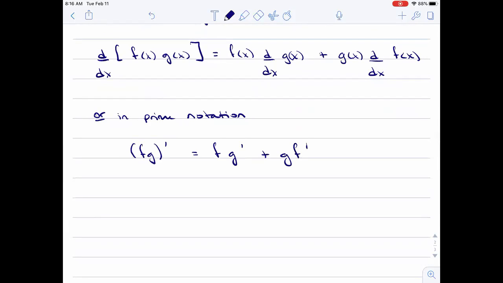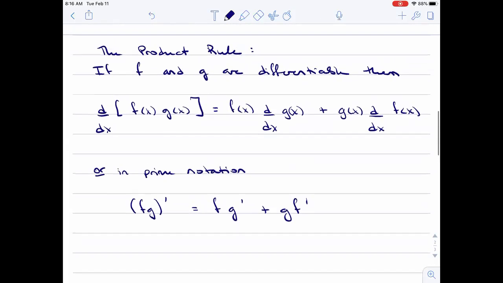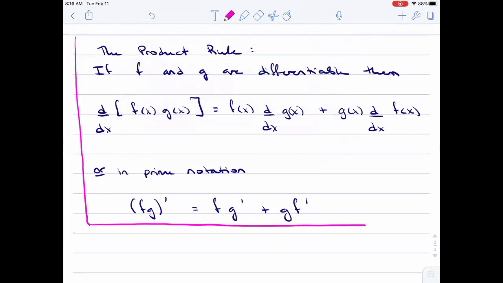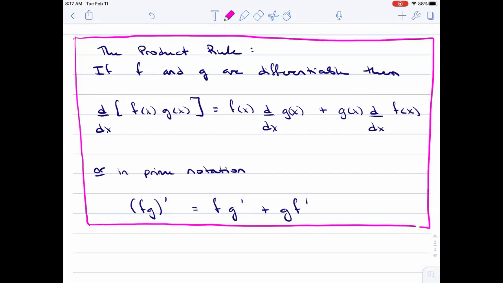Put a box around this. It's on your handout, but we're going to use it a lot, a lot, a lot.